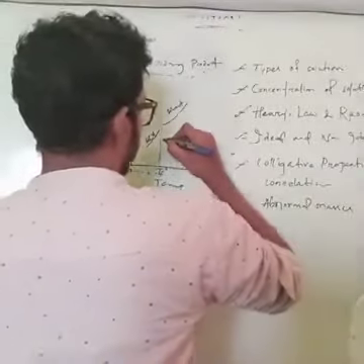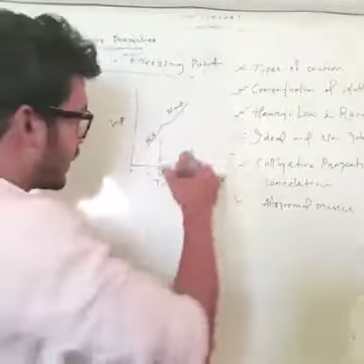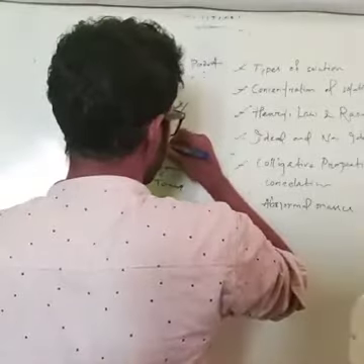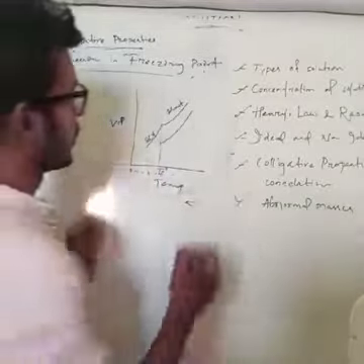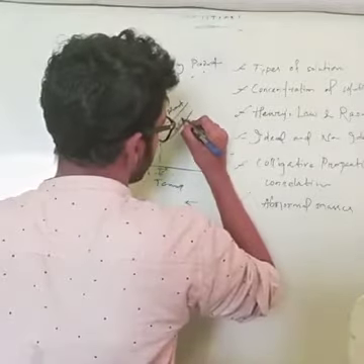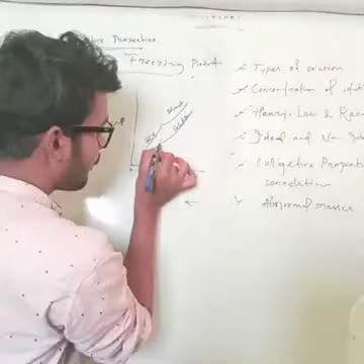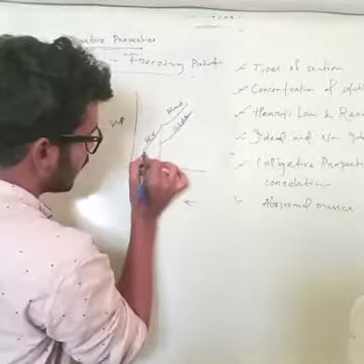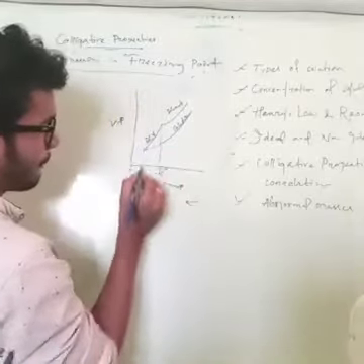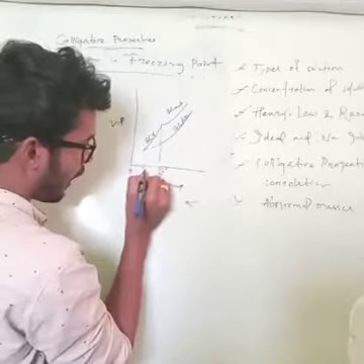Now we are adding some non-volatile solute. Same process. Suppose this will be the vapor pressure of the solution, but it freezes at this point. Suppose this is TF.